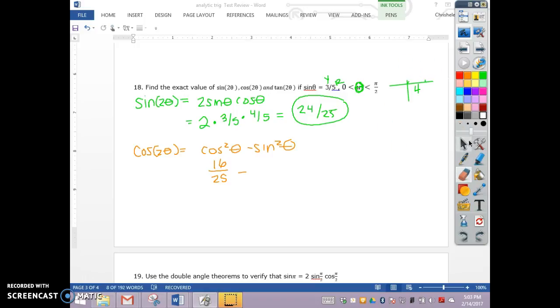Oh, because I'm filming this video by myself. Y over r. What a ding-dong. I still set it up right here. Okay, anyways, cosine is x over r, and sine is y over r. So squaring 3/5 is 9 25ths. 16 minus 9 is 7.